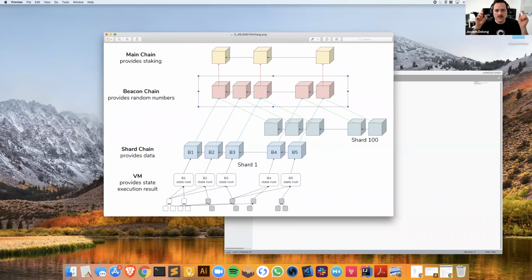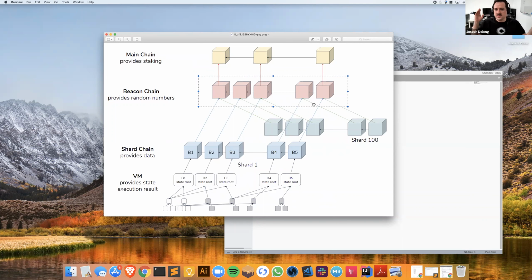So you have mainnet, and then you have your beacon chain. Your beacon chain is the place that provides the randomness that will help facilitate shard chains. In the beacon chain there are blocks, and each of these blocks is filled with a slot from an attester.